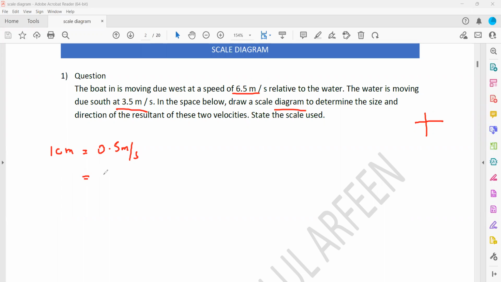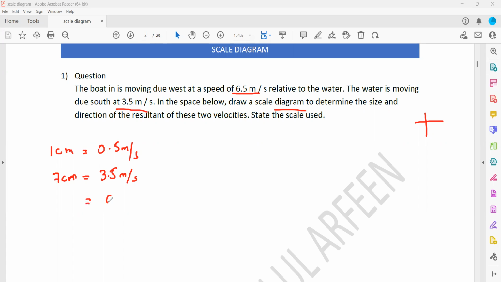Then if I have 3.5 meters per second, how many centimeters will that be? 1 centimeter is 0.5, so 3.5 will be... 7 centimeters. We use the ratio method: 3.5 divided by 0.5 is 7.